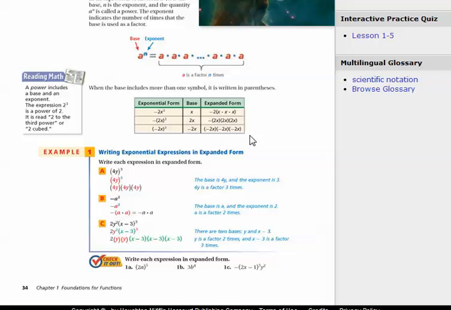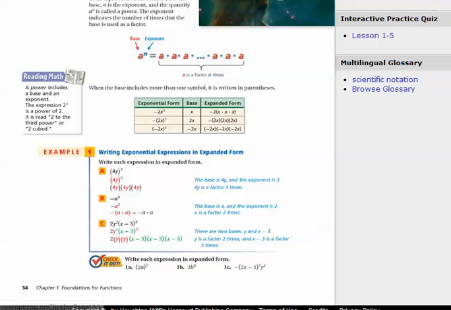So when you're simplifying these, you have to be very careful and take note where the parentheses are and where the powers are. So what am I actually taking to the power, or to the exponent? This 4y to the power of 3, the parentheses, I'm going to take that 3 times. Negative a squared, I don't have any parentheses, so I'm just taking the a times a. Okay, so we're writing it out like that.